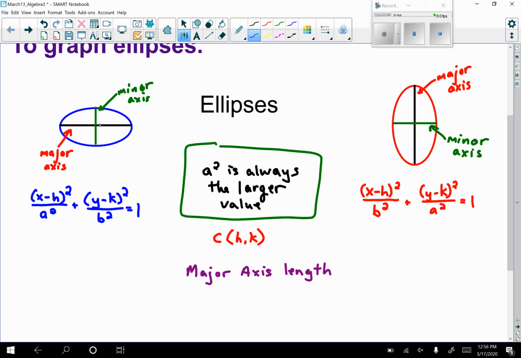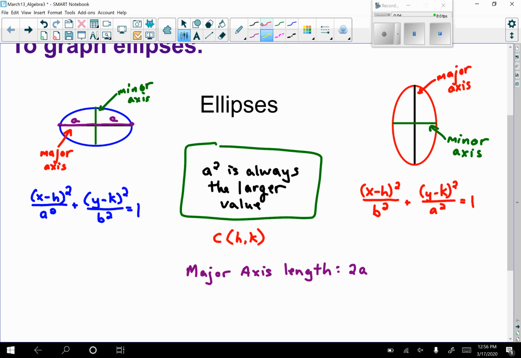We're looking at a squared, so just like a radius, a is going to be from the center over to, we'll call this a vertex, or each vertice that's right here. So if it's a units long from the center over to the edge of the ellipse, and then another a over here, that means the length of the major axis is going to be 2 times whatever the a value is.